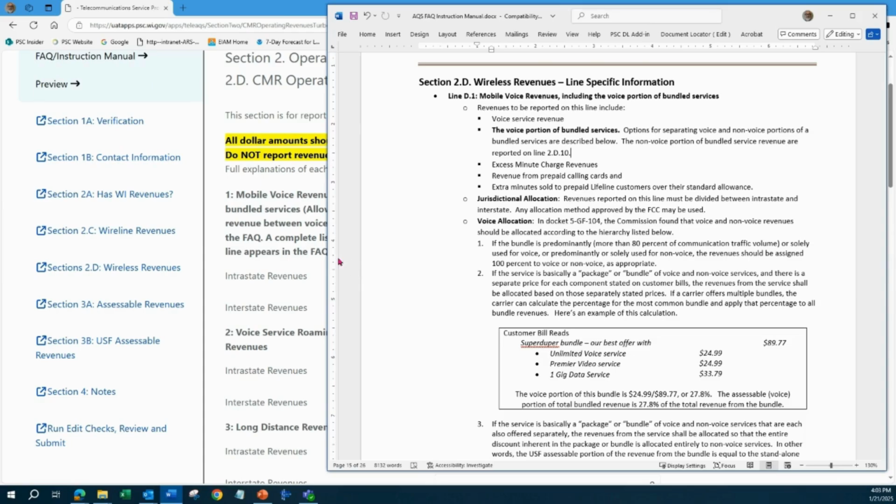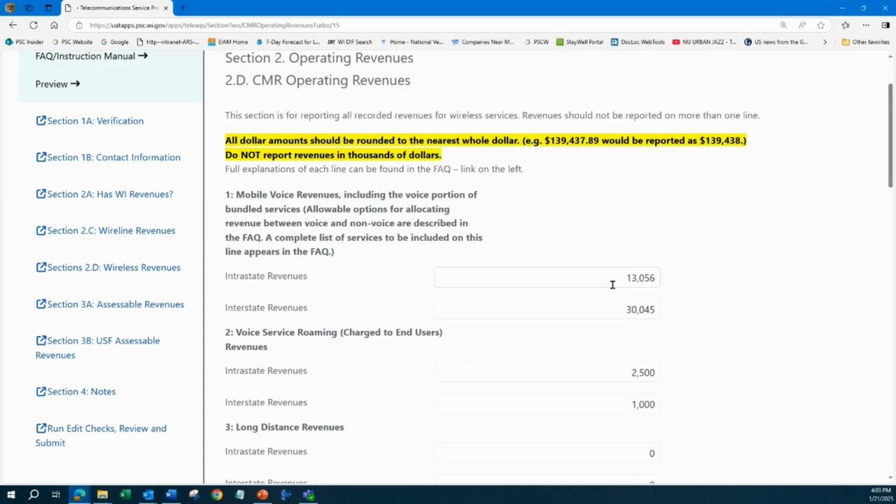And so in this case, my revenues here are just the revenues from the very small portion. Well, we don't have any pure voice customers, but the very small portion of revenues where customers on prepaid packages are buying additional voice minutes. And those revenues are split between intrastate and interstate.